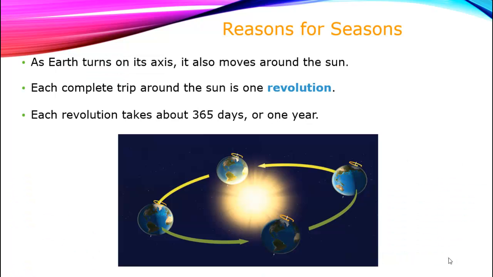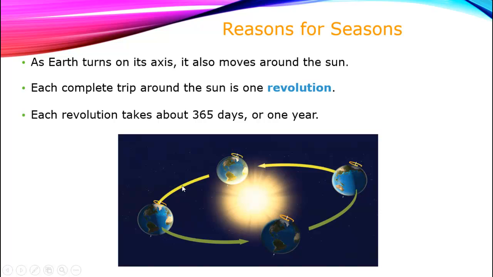Today we will talk about another movement for Earth. As Earth turns on its axis, it also moves around the Sun. Each complete trip around the Sun is one revolution.